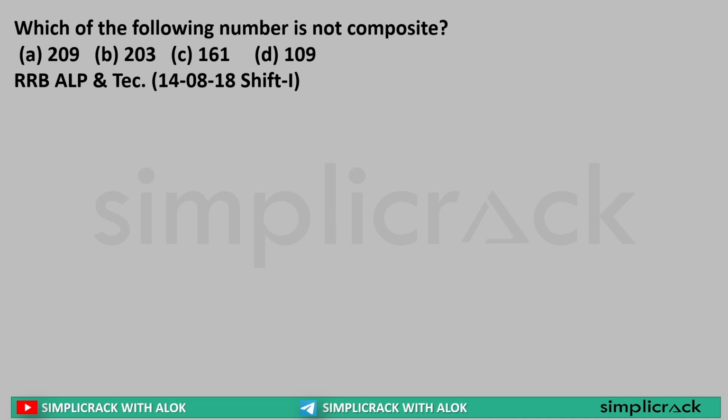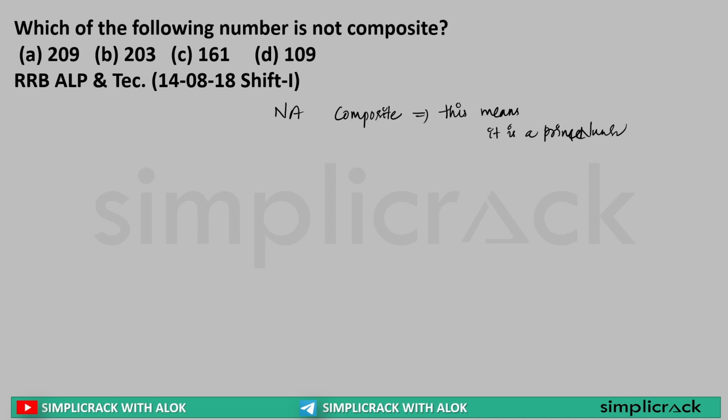Next. Which of the following numbers is not a composite number? If something is not composite, this means it is a prime number. Yes or no? Yes. Now how to find a number is a prime number?